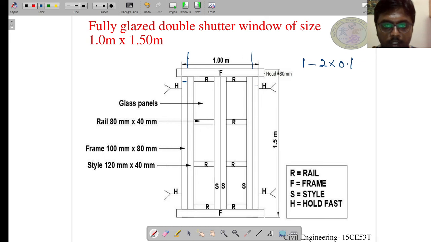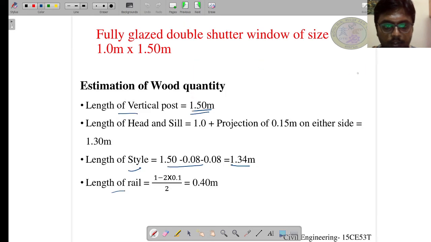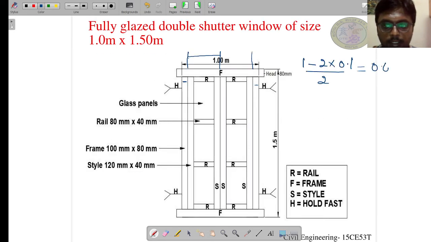For the individual rail length, we divide this number by 2 and get 0.40 meter. So the length of the individual rail becomes 0.40 meter.